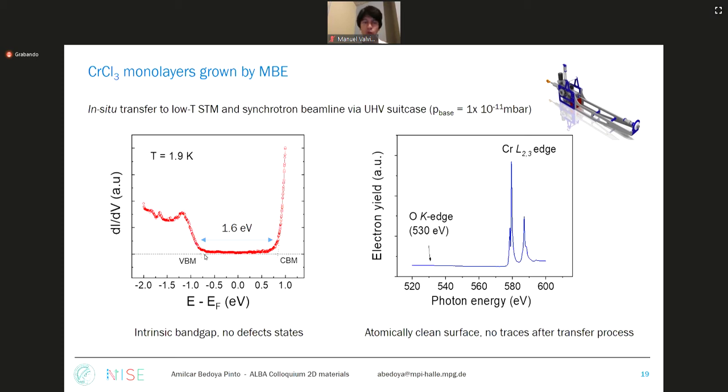We could measure a band gap of 1.6 eV, with no defect states and no perturbations. That means that the chromium trichloride is pretty pristine in our monolayer sample. We don't have any defect states, and we don't have any electronic perturbation from the substrate. That's also important to see.